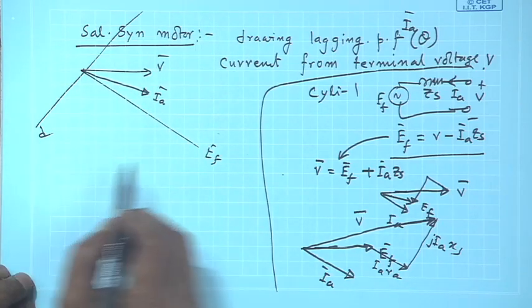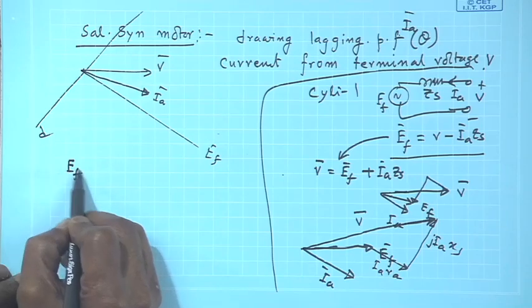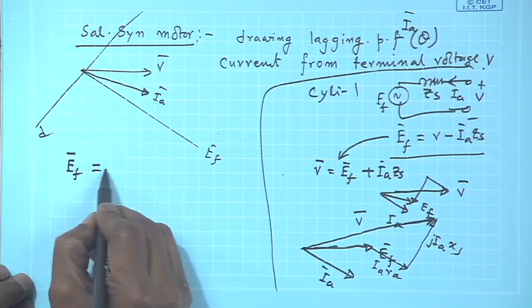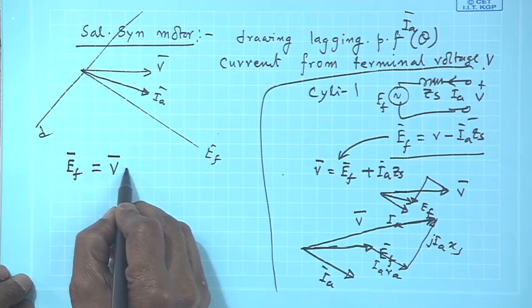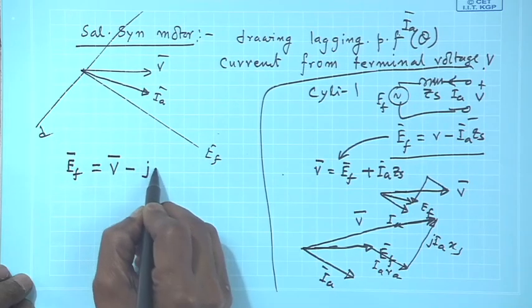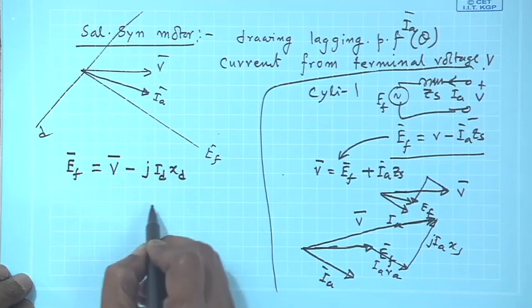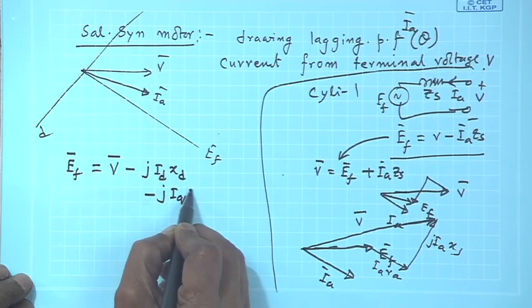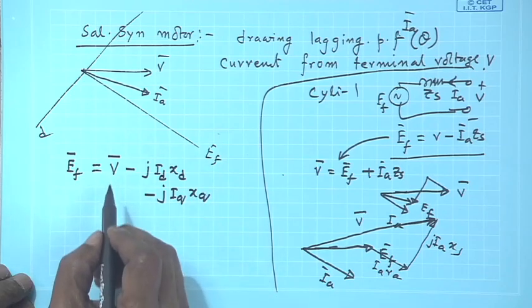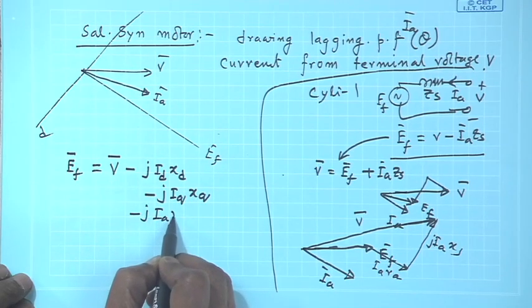So, in this case I will say that E F must be equal to V minus J I d x d minus J I q x q and minus J I A R A if R A is also present.